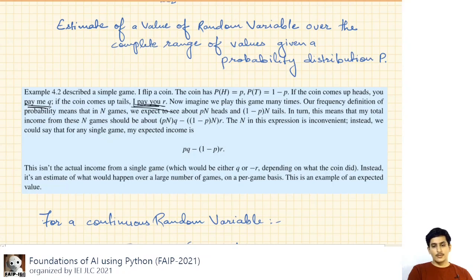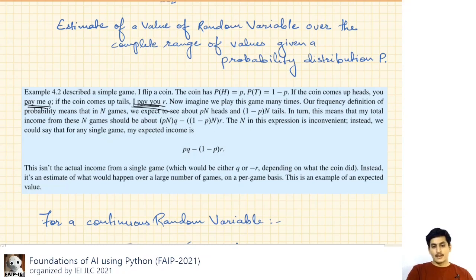And using probability, they have tried to find an average value that each player will get, or sorry, the first player will get. The first player, which is like paying R, I guess. Sorry, yes, the first player is who pays R and gets Q.